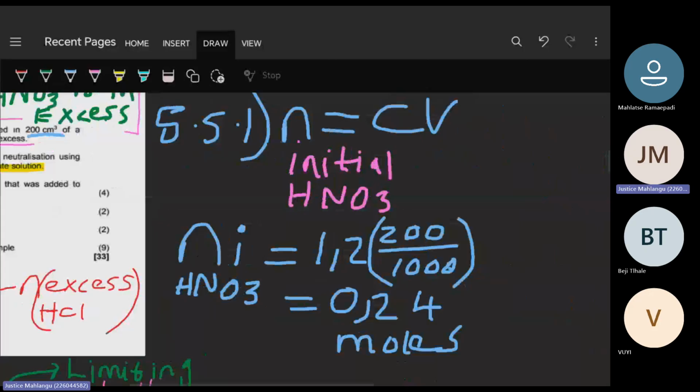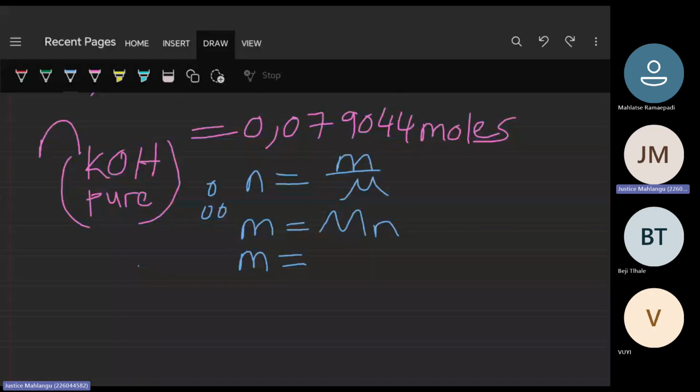Is it potassium hydroxide that we're reacting with here? Yes, it's potassium hydroxide. So what is the molar mass of potassium hydroxide? Yes, it's 56, guys. Thank you very much. So 39 plus 16 plus 1 gives 56.